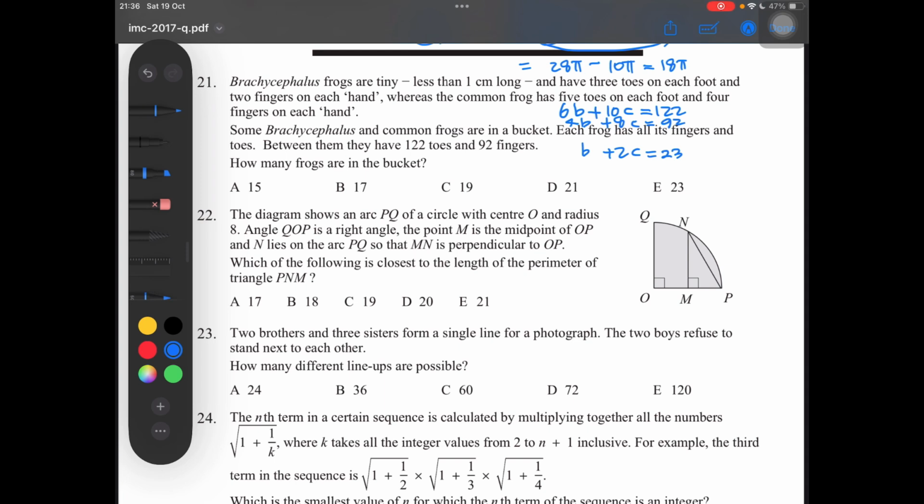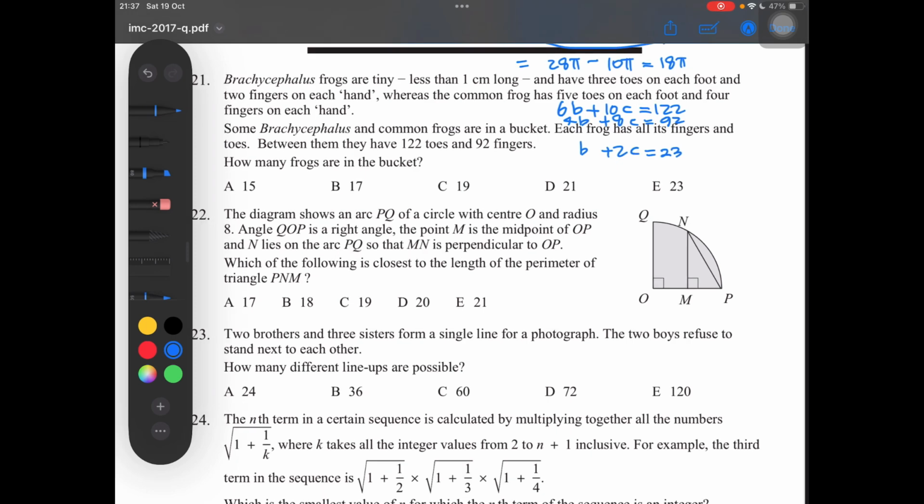And the first one, no, let me divide by 2. The 3B plus 5C is 61. And I need to multiply the second one by 3. 3B plus 6C is 69.